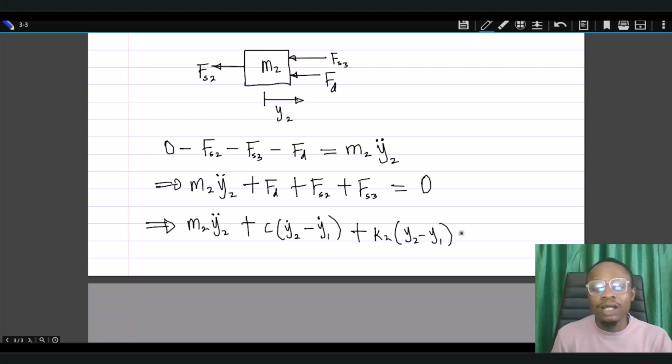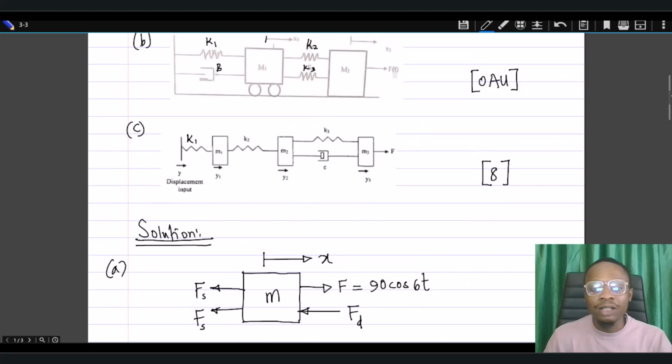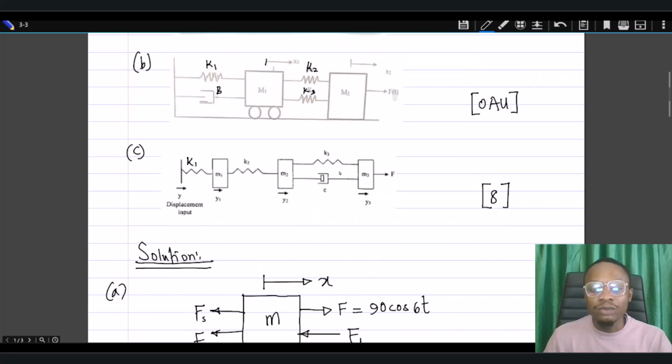And similarly, for the last one, that will be k3 into y2 minus y3 because it's connected to the third body. That is evident in that if this is displaced by y2 to the right, this is also displaced by y3 to the right, then the overall change in length of this will be y2 minus y3.